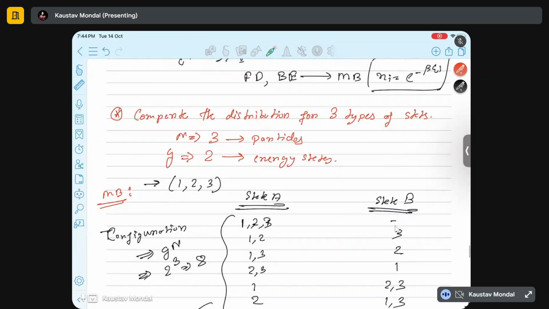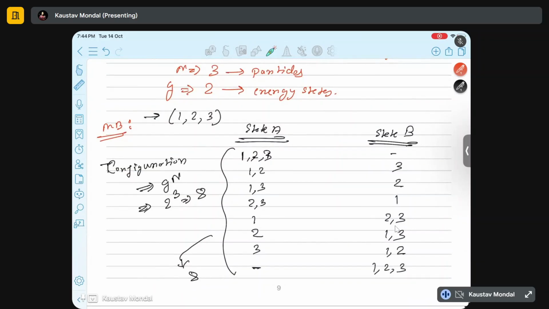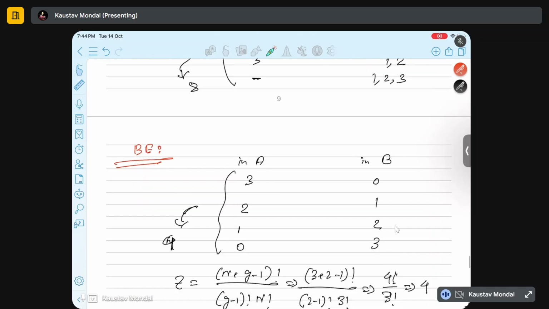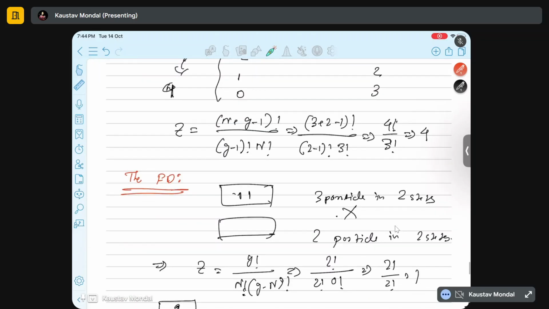First, we discussed the Boltzmann or classical distribution, where 3 distinct particles are distributed in 2 states, each state can hold any number of particles, and particles are distinguishable. So we marked the particles as 1, 2, 3, and we got the most distributions, 8 possible, the most among all 3.